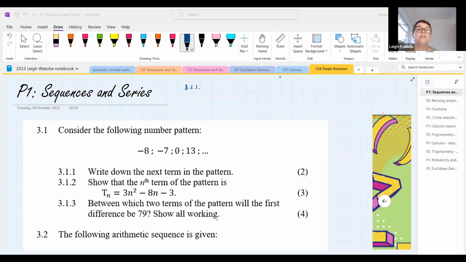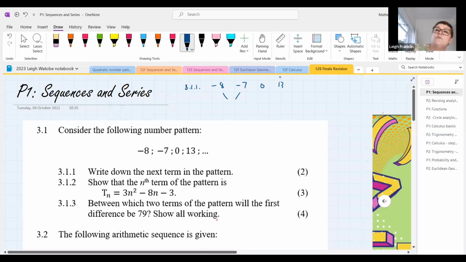Okay, so Shoshana says using our second differences. All right, so if I set it out like this, Shoshana, the first thing that I'd get is our first differences. What's the first term of the first difference going to be?